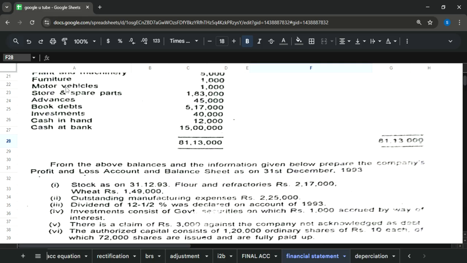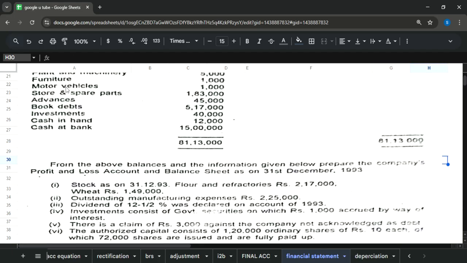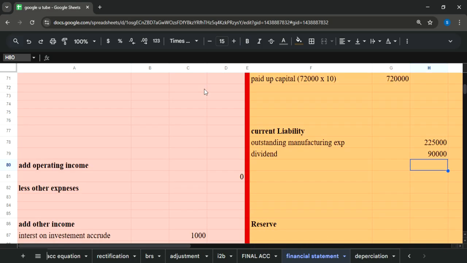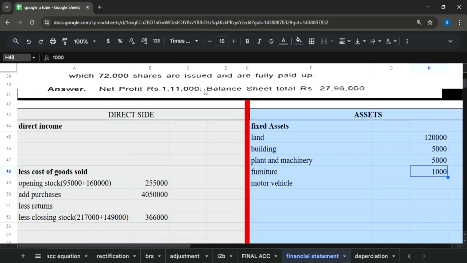This is also fixed asset. Motor vehicle 1,000 again. Put amount in front of it.